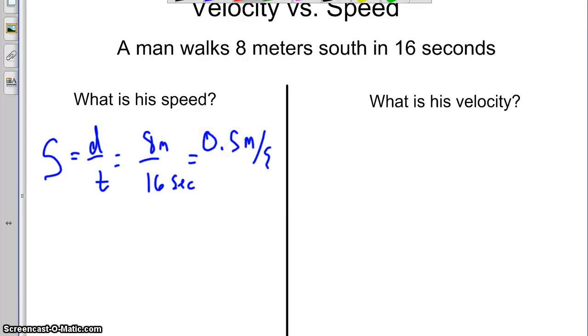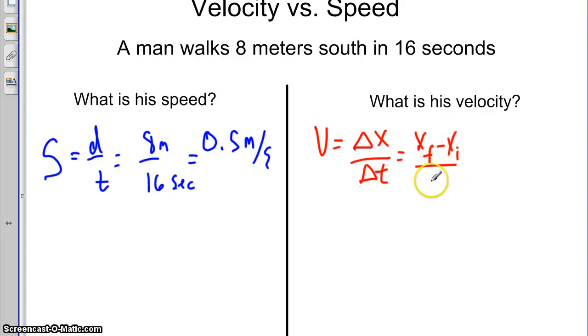Let's see how it compares to velocity, though. Velocity, from our previous notes, is the change in displacement divided by the change in time. Or in other words, the final displacement minus the initial displacement divided by the final time minus the initial time. In this case, my final displacement, I'll end up 8 meters south. But be careful, displacement is a vector.